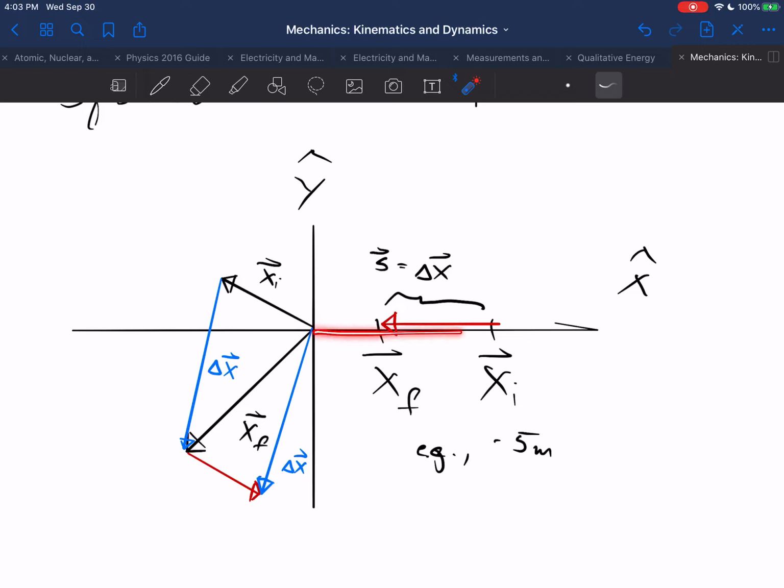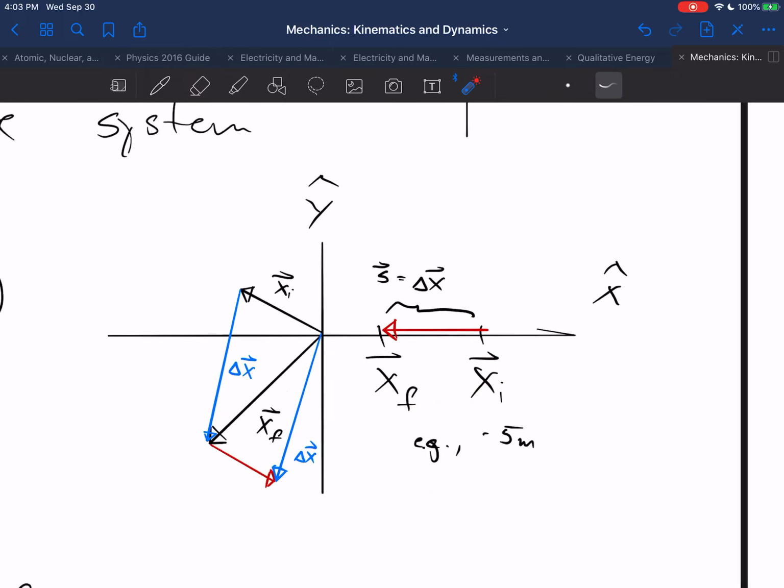It's positive 13 meters for that initial position, and positive 8 meters for that final position. Then my displacement will be the change in the position. That is, my final, positive 8, minus my initial, positive 13, giving me a displacement of negative 5 meters.